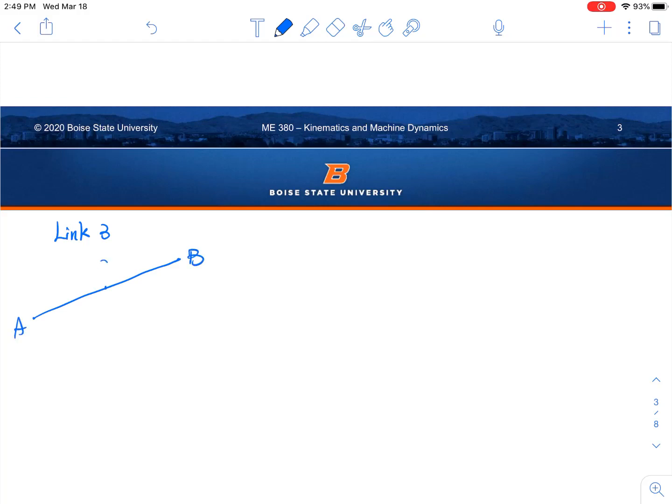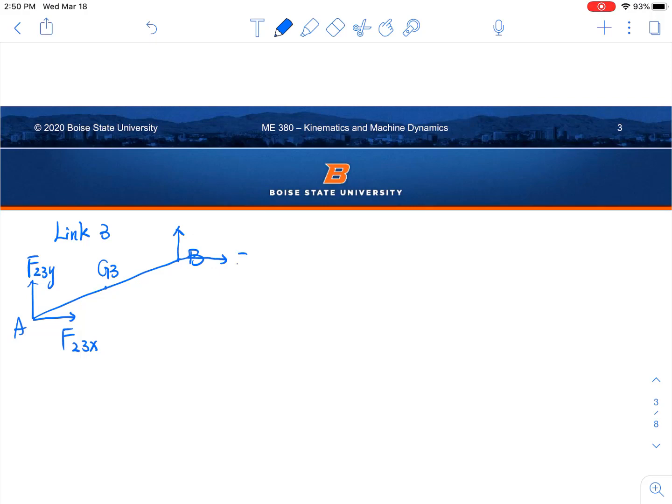The center of this link is G3. What are the forces here? We have reaction forces at the joints. What are the subscripts here? The force applied to link number 3 at joint A is actually from link number 2, along the horizontal direction. The same way, 2 to 3 along the y direction.